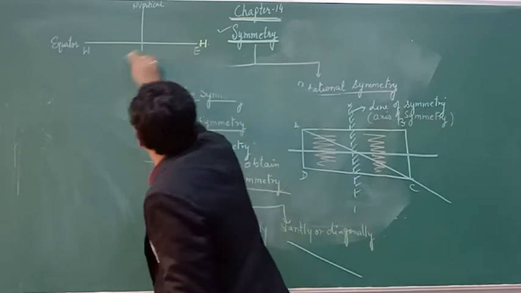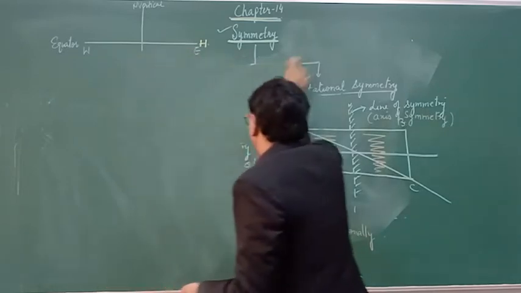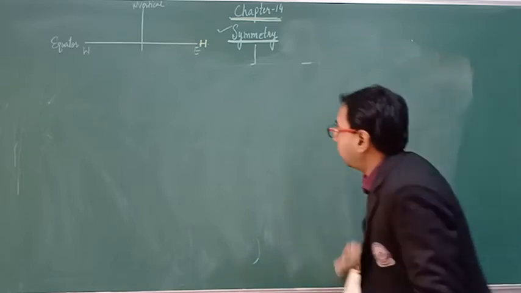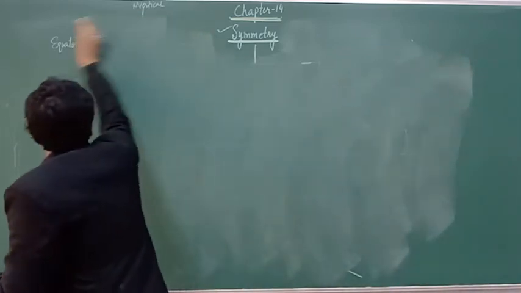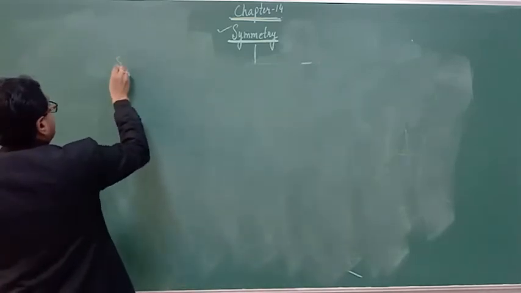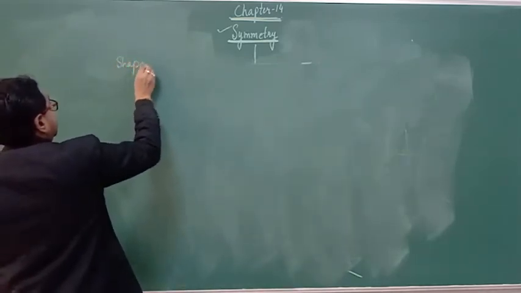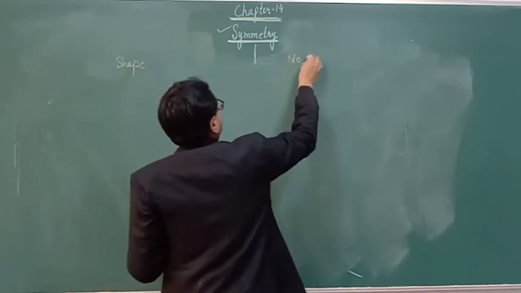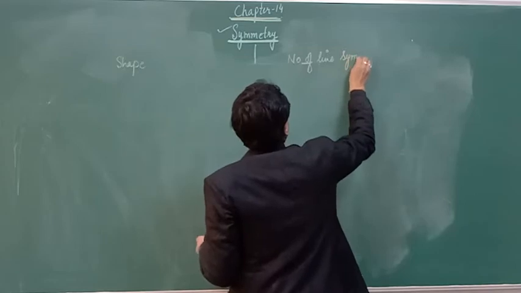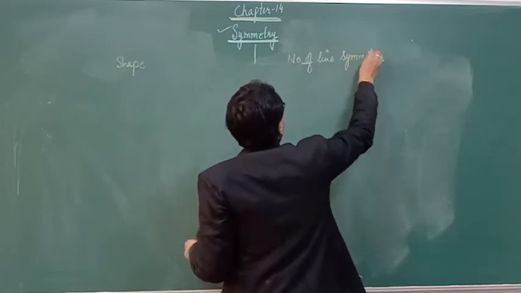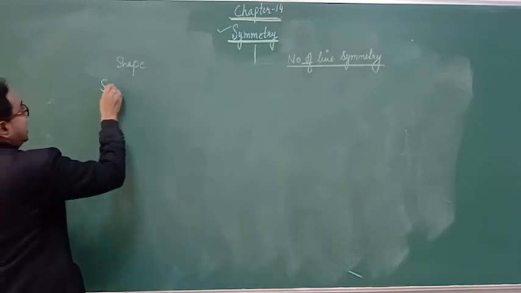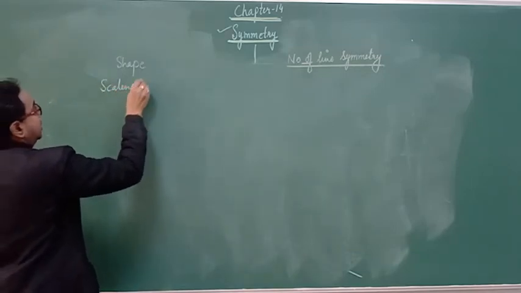Now basically we'll see various figures and shapes and how many lines of symmetry they have. We have to observe that. Very, very important. For each shape, we have to see the number of lines of symmetry. The first shape that I am going to consider is the scalene triangle.